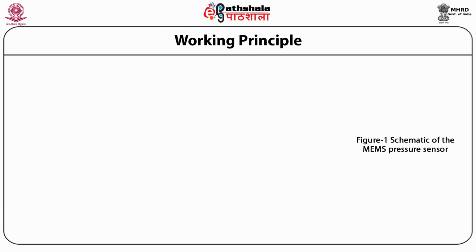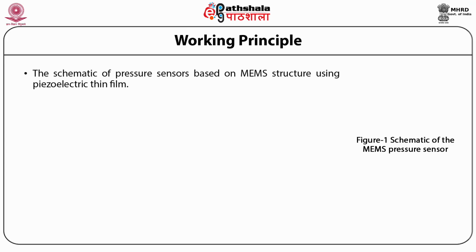Students, now let us discuss the working principle of pressure sensors. The schematic of a pressure sensor based on MEMS structure using piezoelectric thin film is shown in the figure on the left hand side of the slide.